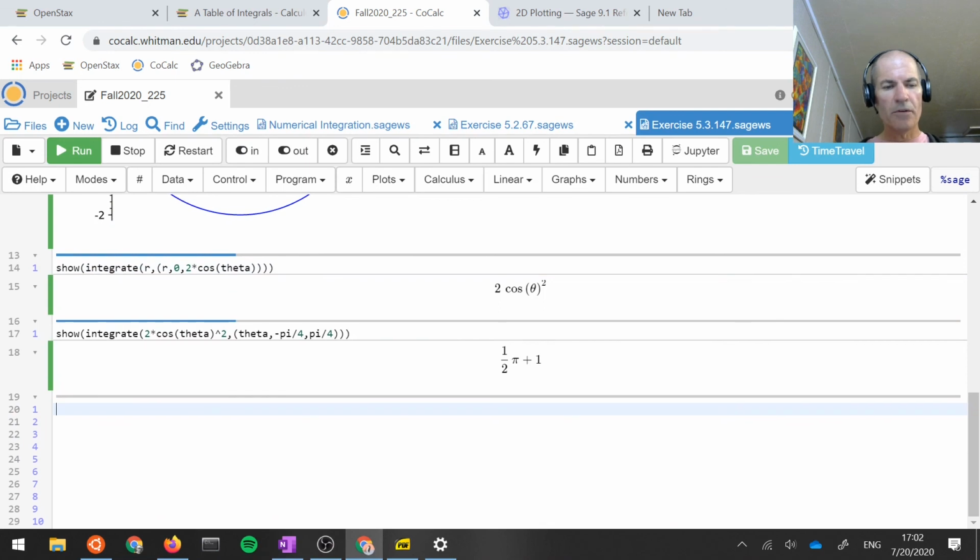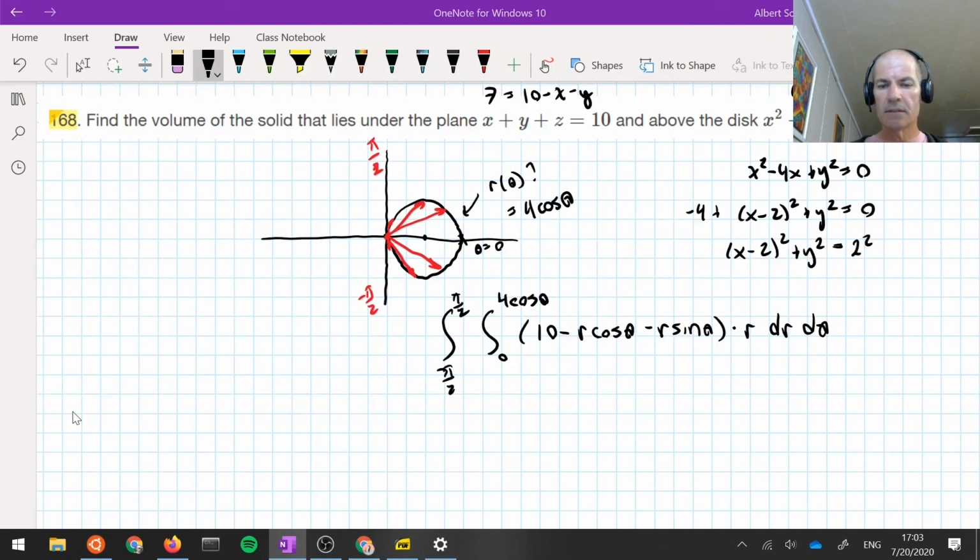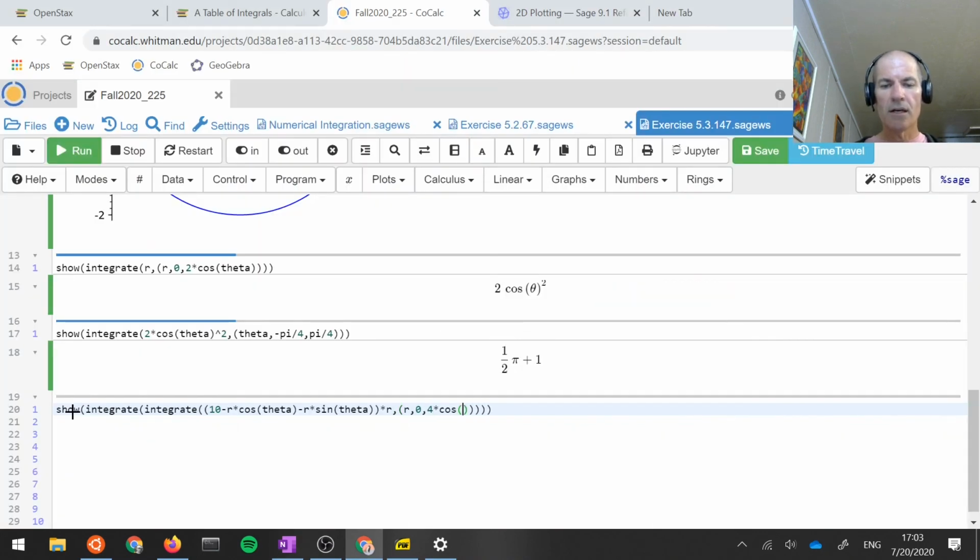We'll do it all in one fell swoop. We'll integrate both of these. We're going to go 10 minus r cosine theta minus r sine theta, times r, and we are going to integrate that from r equals 0 to 4 cosine theta.